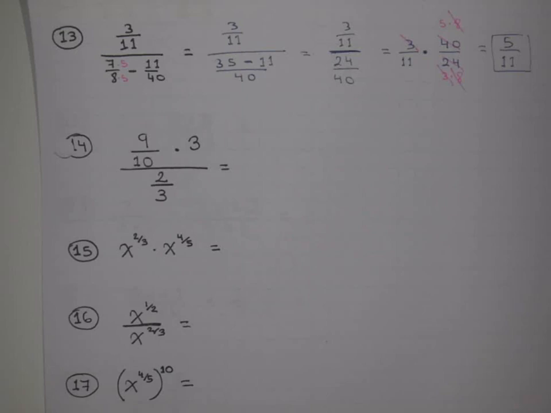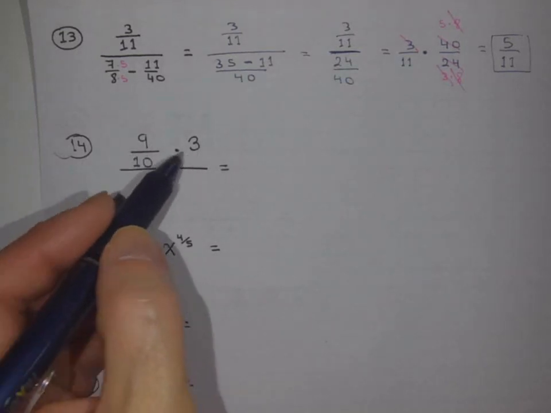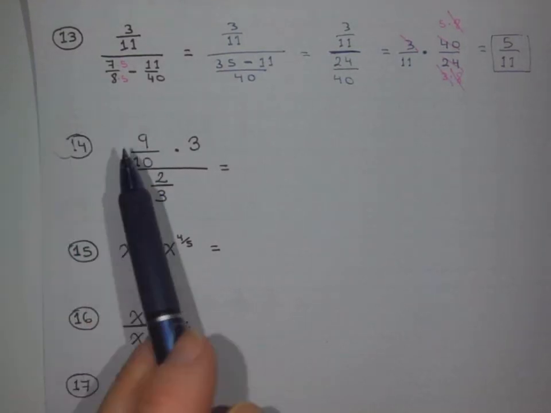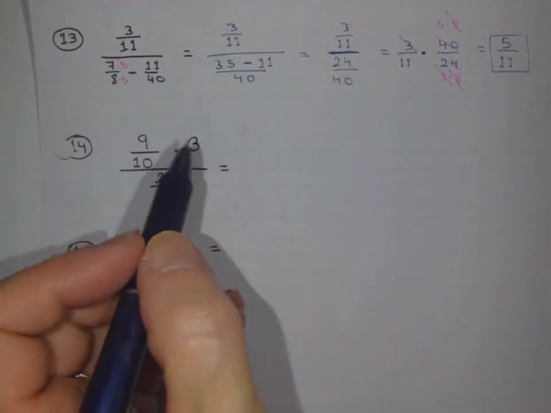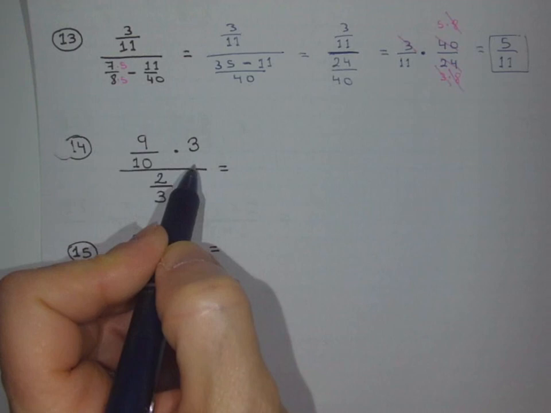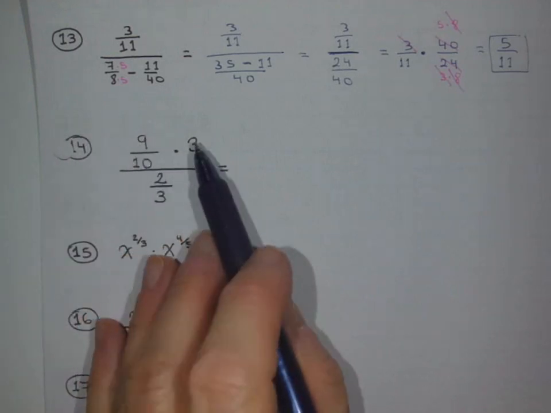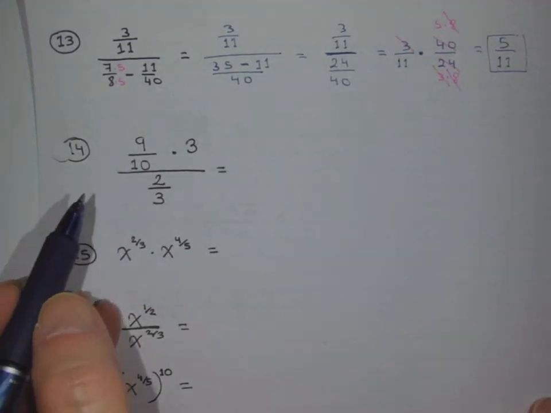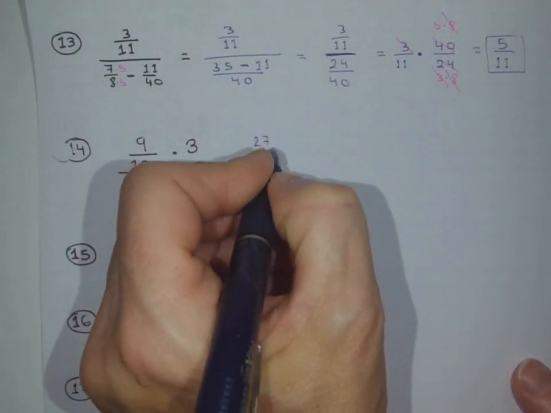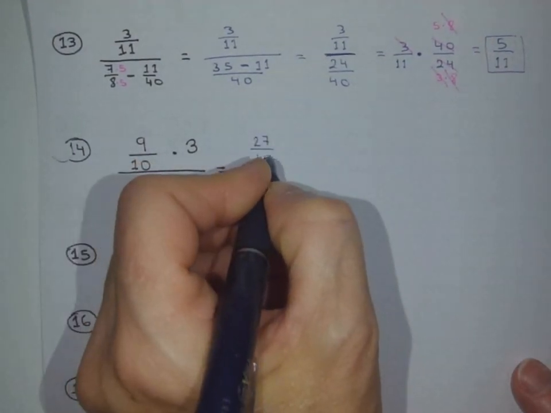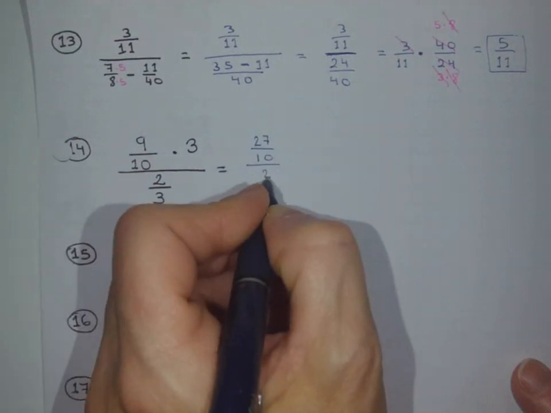Alright, this is a multiplication here, so you could go ahead and multiply numerator with numerator. Remember, this is like having a 1 over 1, so 9 times 3 will be 27 over my denominator of 10 divided by 2 over 3.